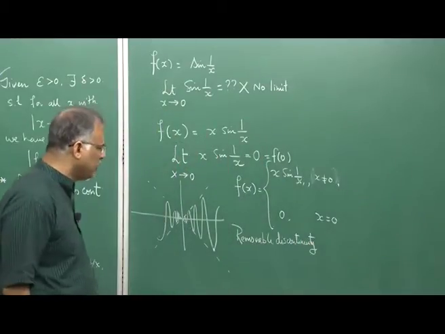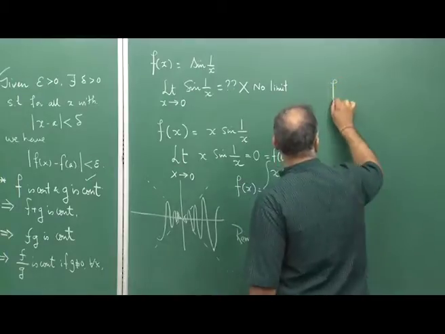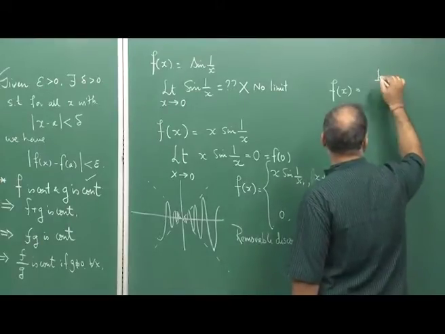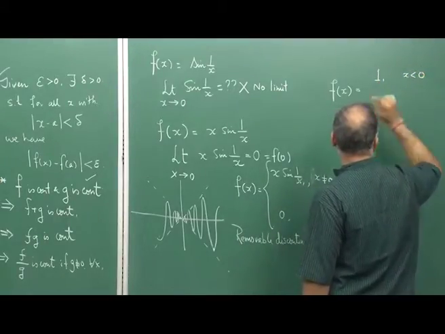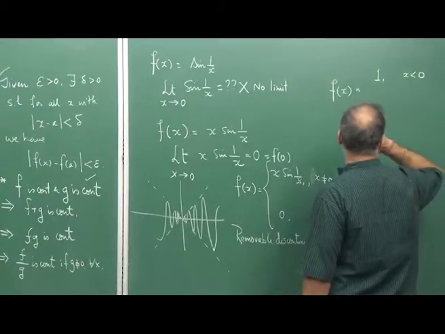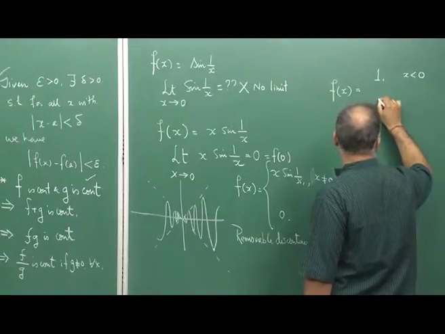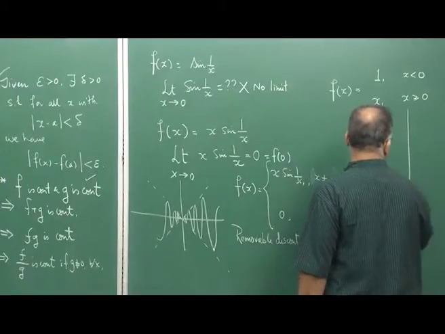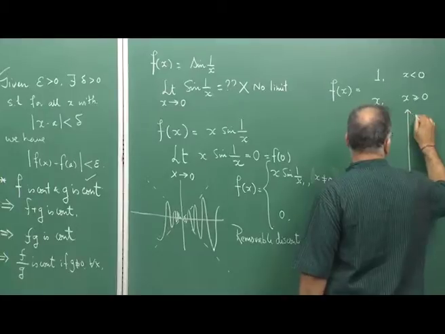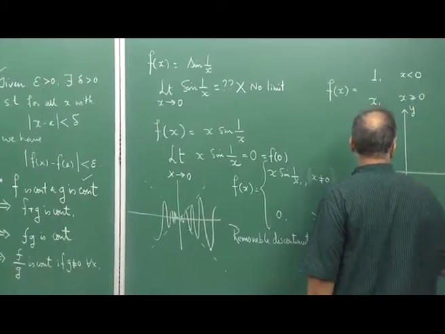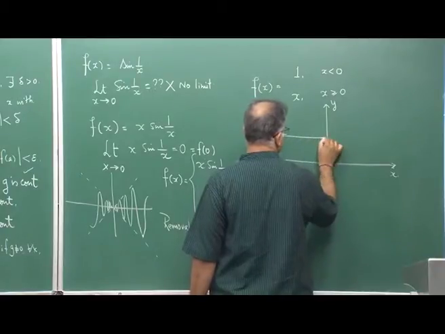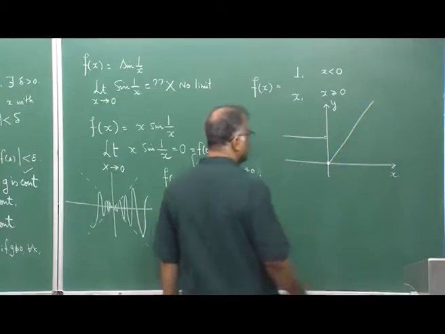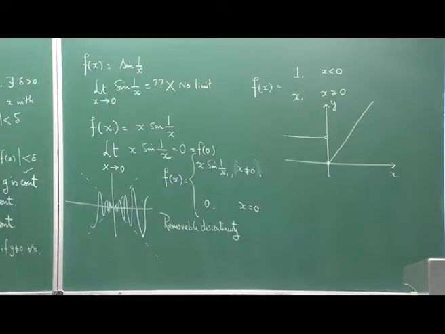For example, if you define a function like this and look at it, till 1 it comes to 1 like this, and then from 0, f(0) here is not 1, f(0) is 0.